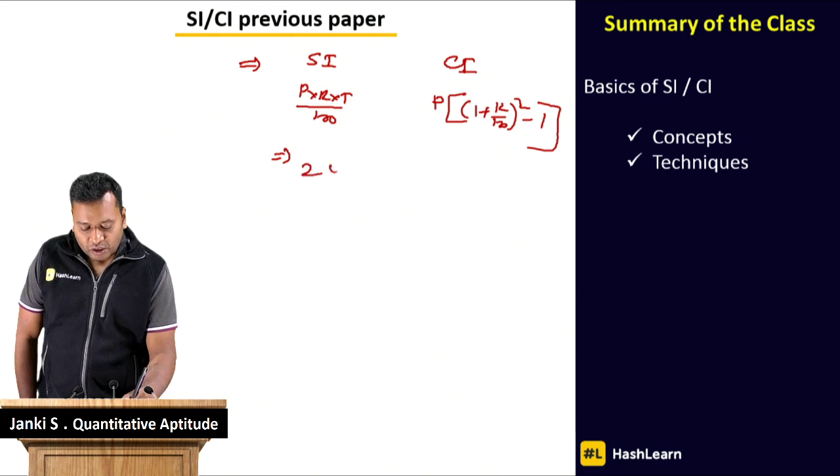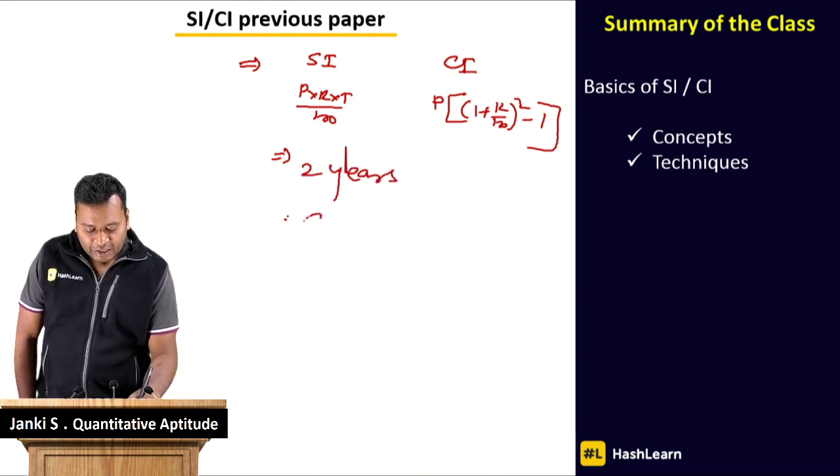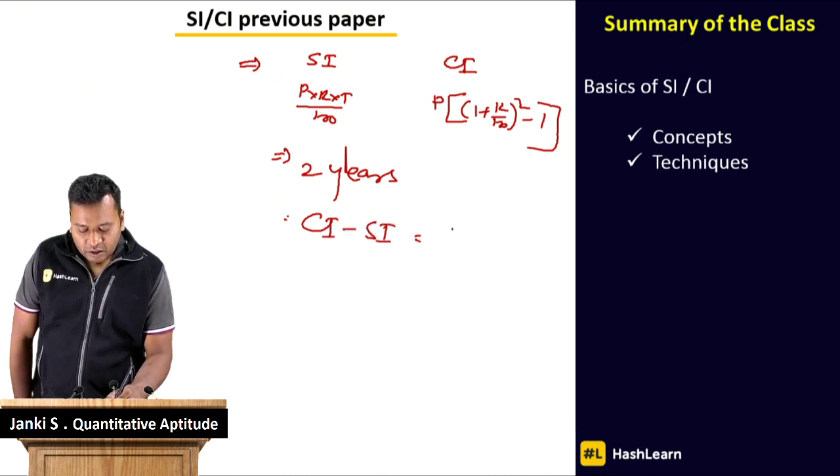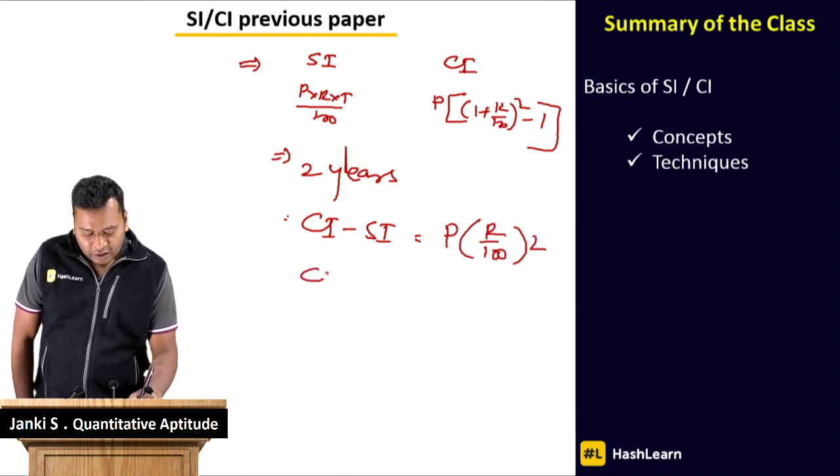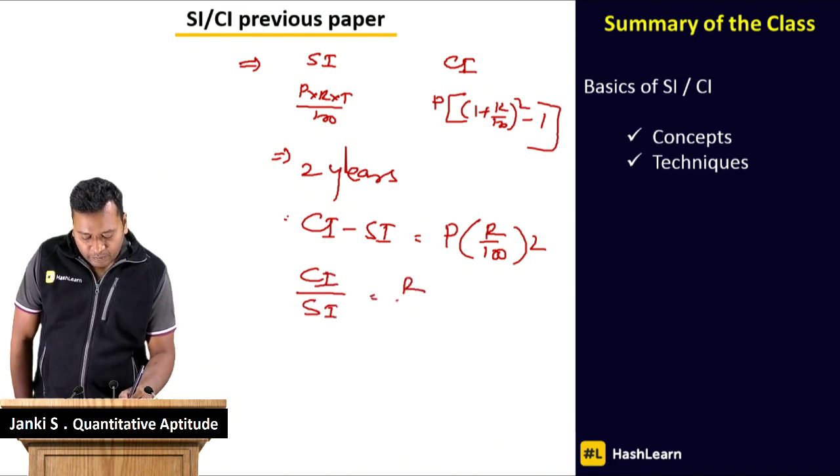Then for 2 years, the difference between compound interest and simple interest is always P into (R by 100) whole square. The ratio between compound interest and simple interest is nothing but R by 200 plus 1, right?